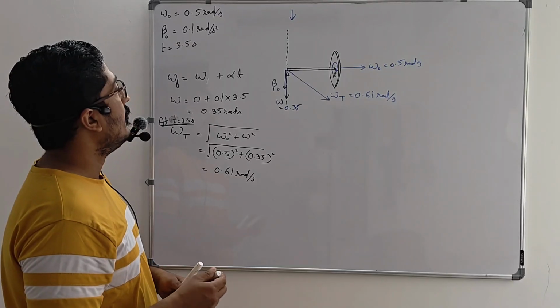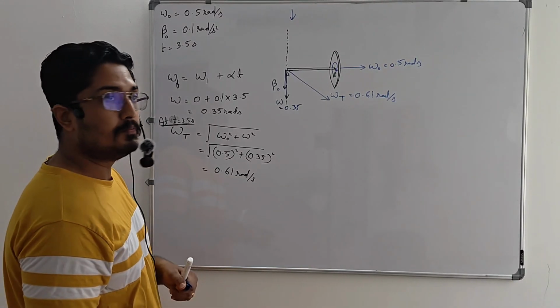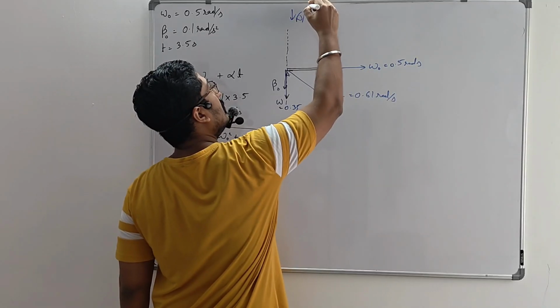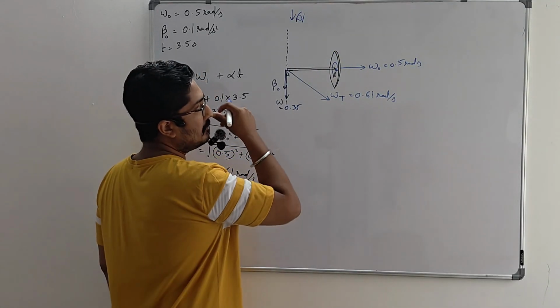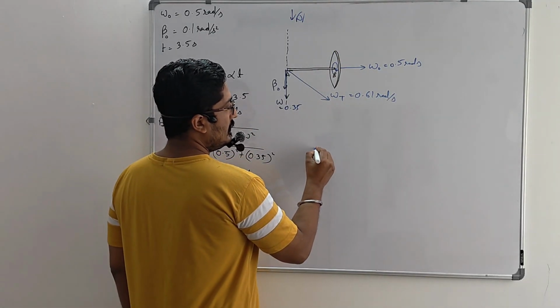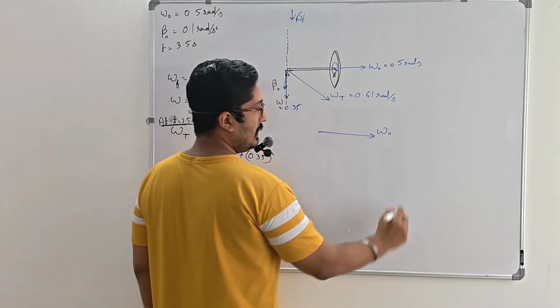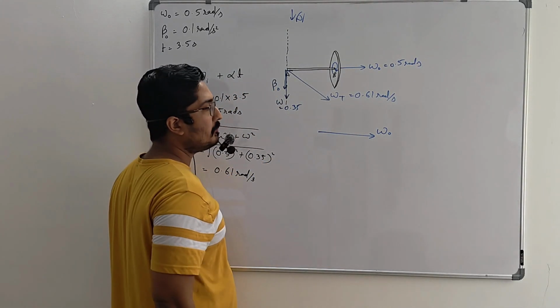What we can do is, I'll take the top view. Let us take the top view from here as an observer. If I view, what do I see? I'll be seeing that initially the omega naught was in this direction at some moment of time.